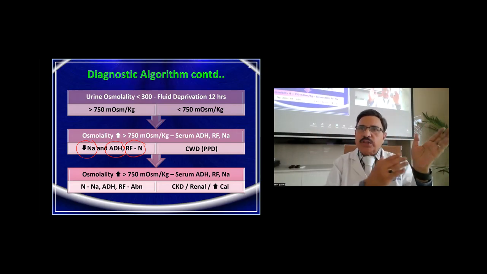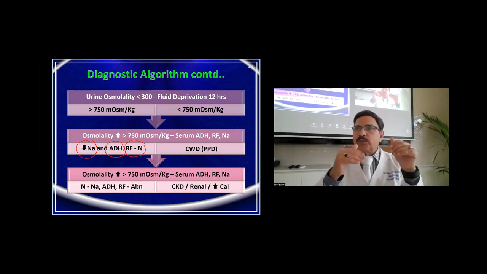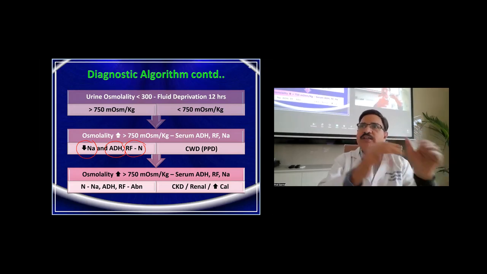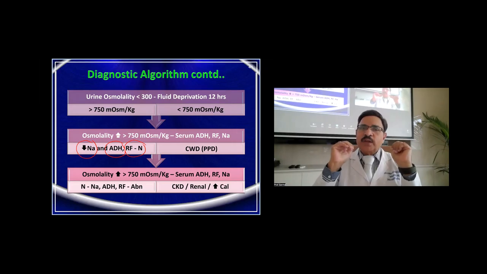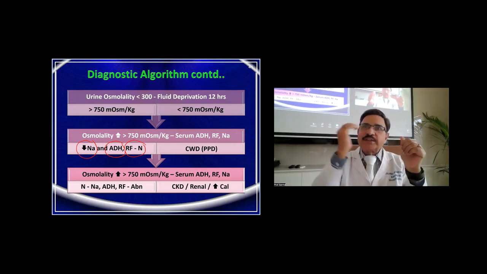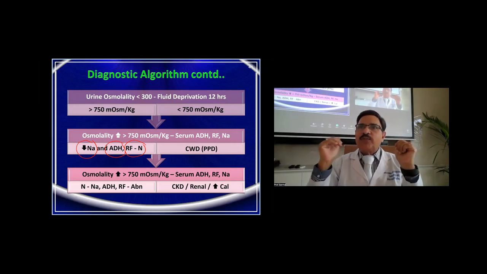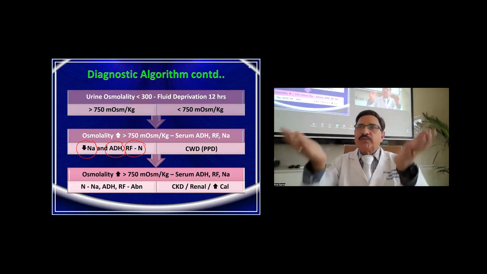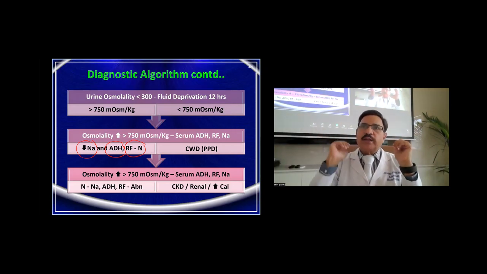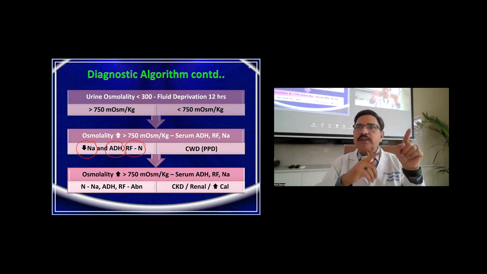This produces dilutional hyponatremia because of excess fluid. That is why his serum sodium is low. And this indirectly suppresses the ADH by feedback suppression because of drinking more fluid.